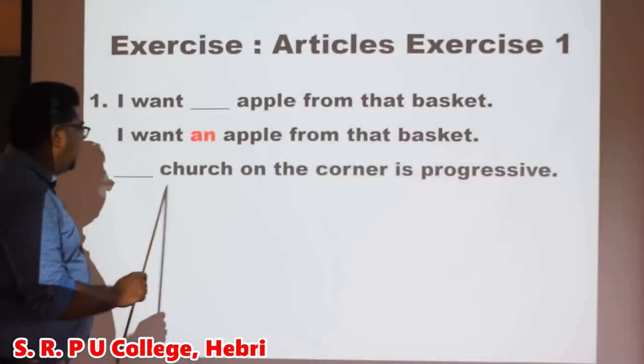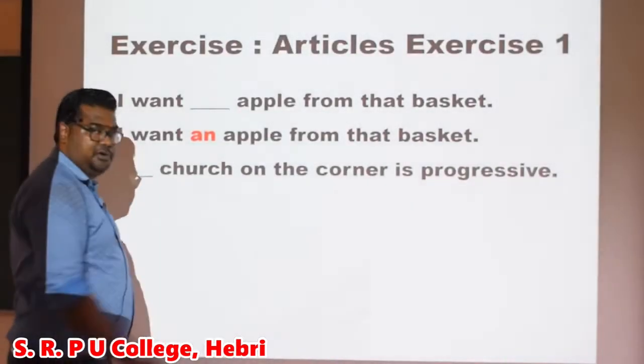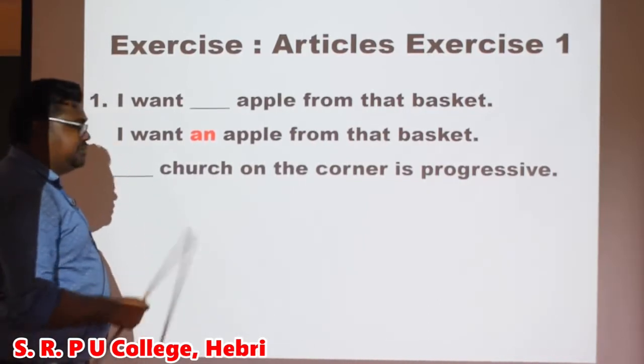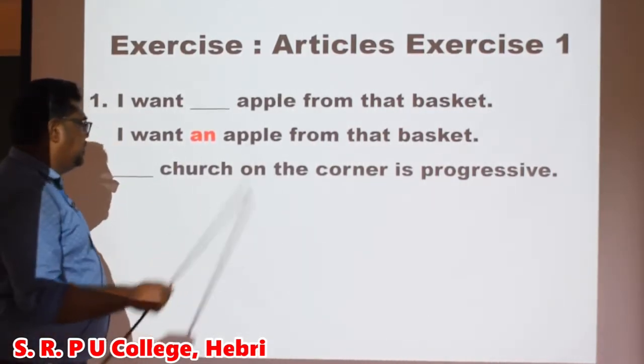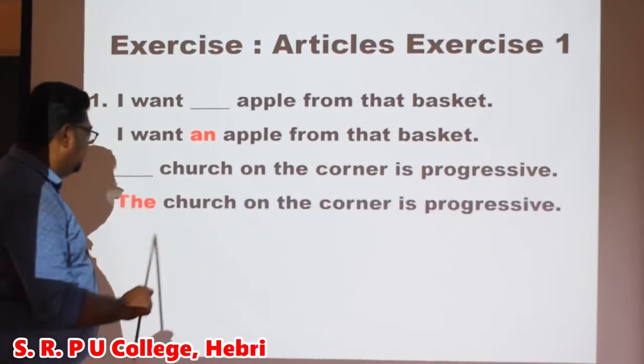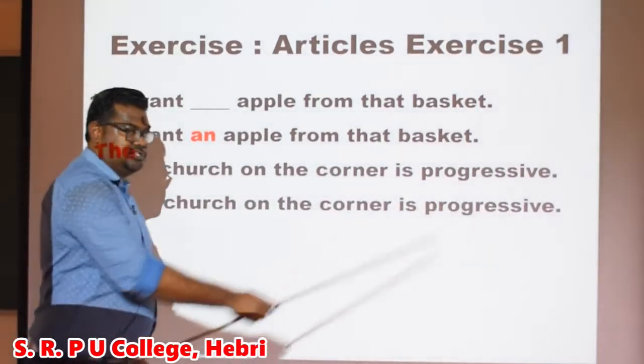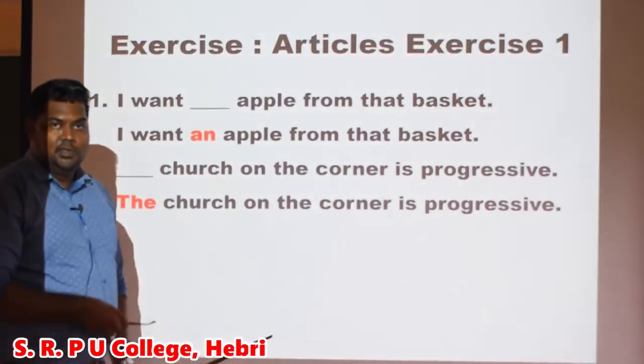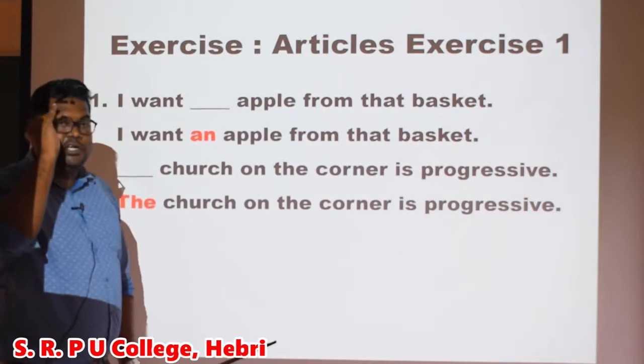Next sentence, dash church on the corner is progressive. Now what is the right article which you are supposed to apply for this particular sentence? The answer is, the church on the corner is progressive, because we are referring to a specific church. You are particular about which church we are speaking about.